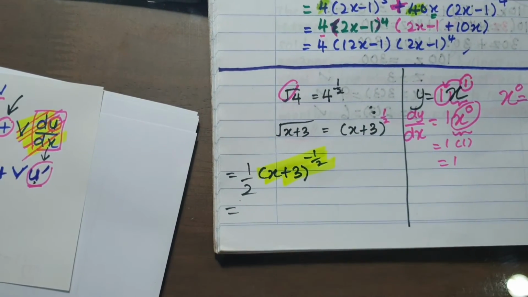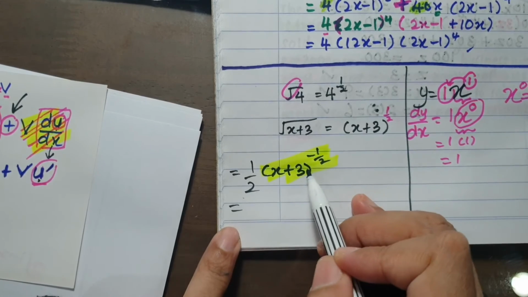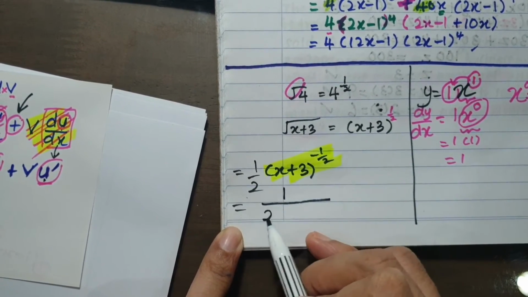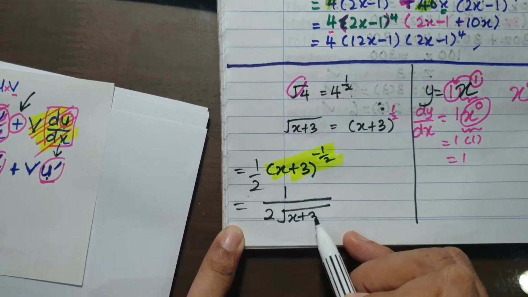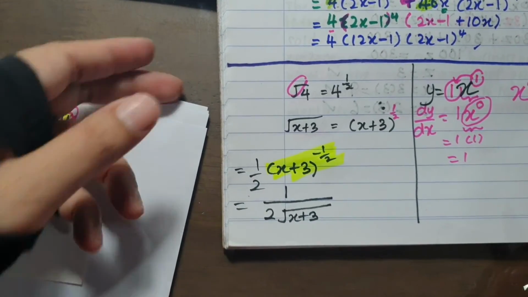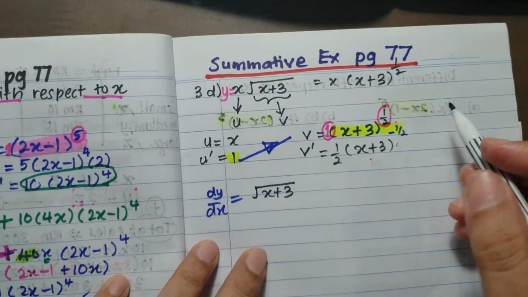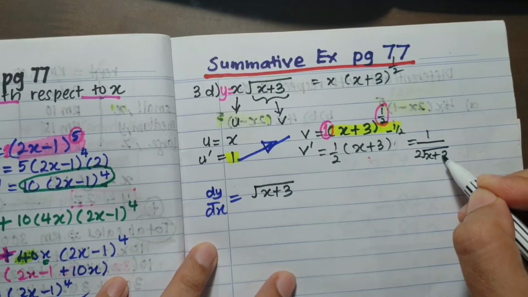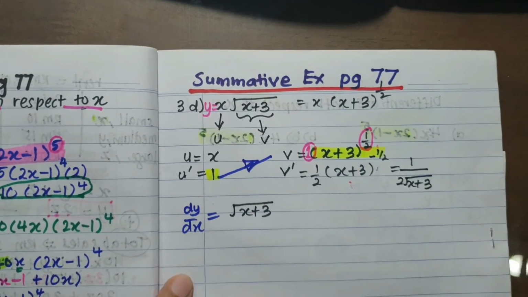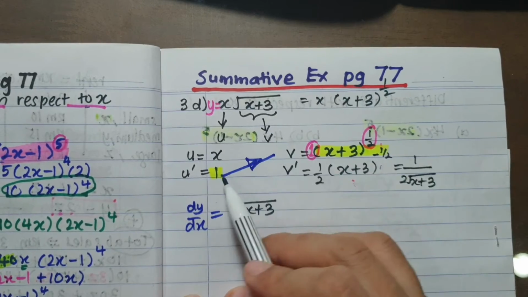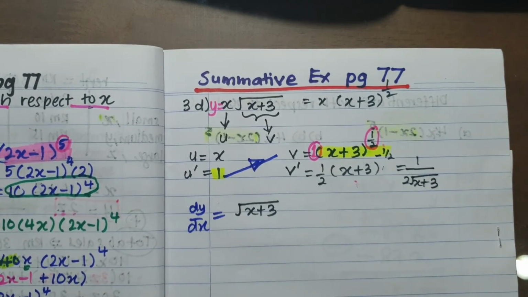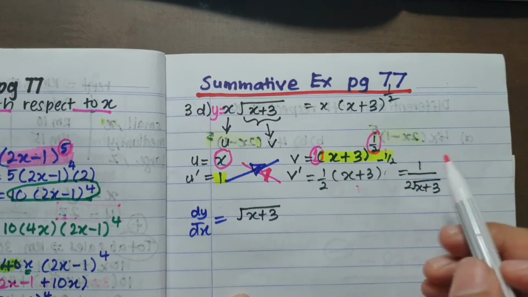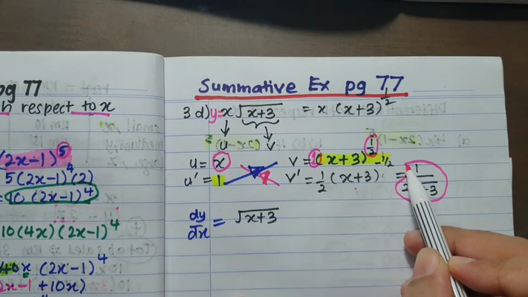When we bring down the bracket, the 2 is already at the bottom. So it becomes 1 over 2 square root of x plus 3. Okay, this one and this one are copied already. Next, let's copy this and this.